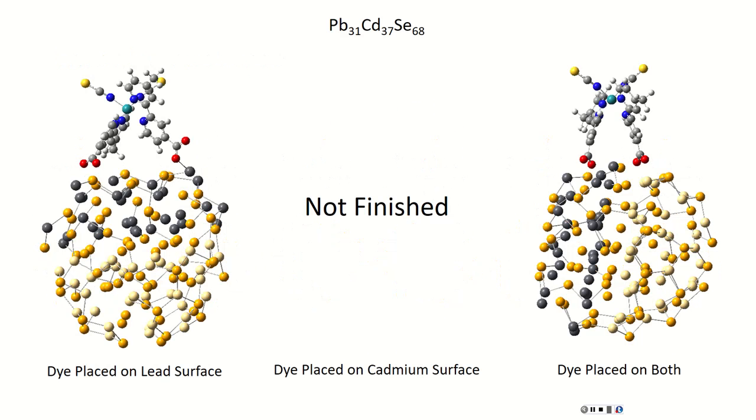So, on to the optimization. The cadmium one had some issues and it's not really keeping up in terms of optimization, but look at the cadmium rich ones. When you place the dye on the lead surface, in fact on both of the cadmium rich ones, the carboxylic groups really like to attach themselves to the quantum dot.